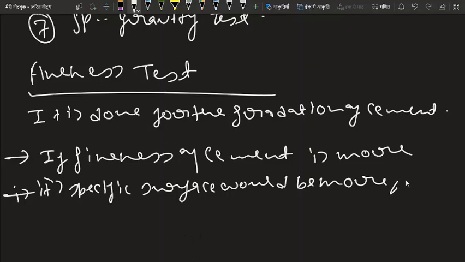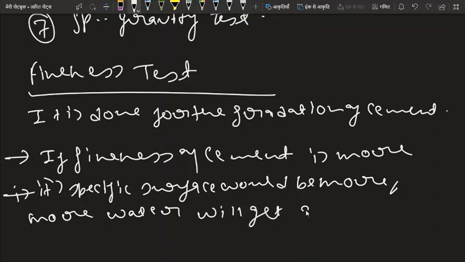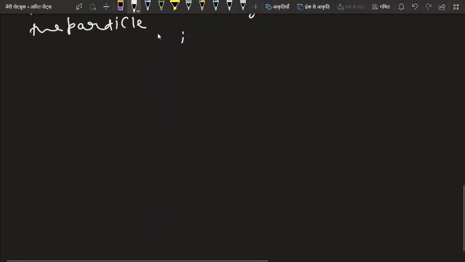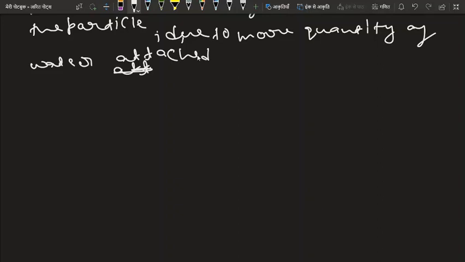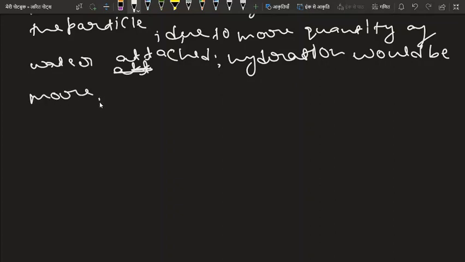So more water will get attached to the particle, and due to more quantity of water attached, hydration would be more, hence the rate of early strength is more.